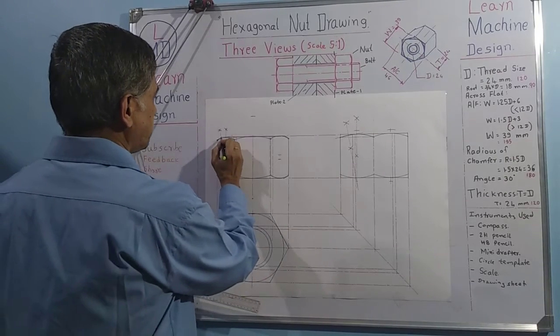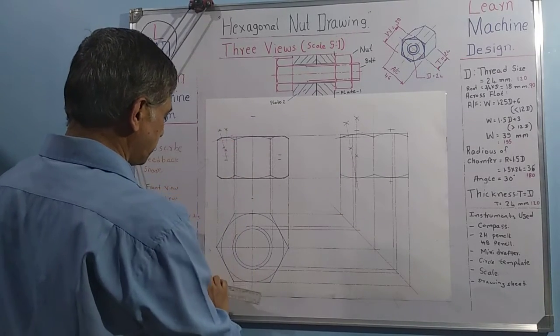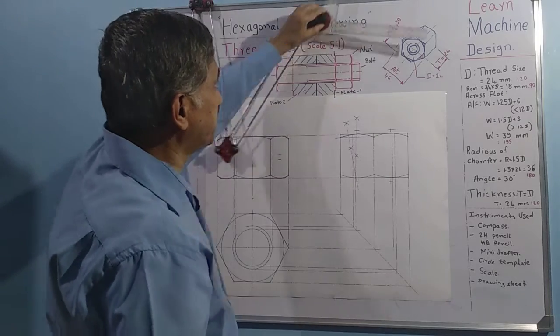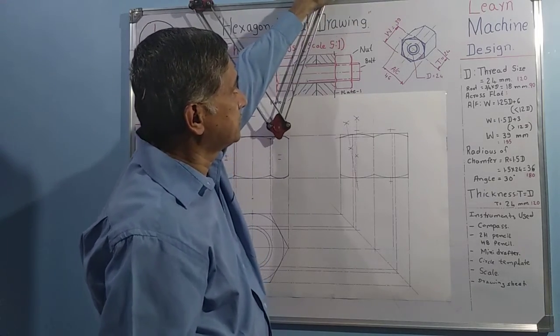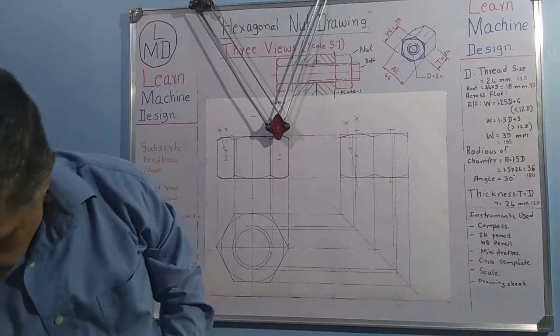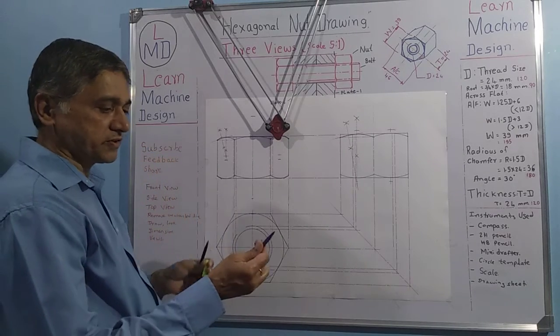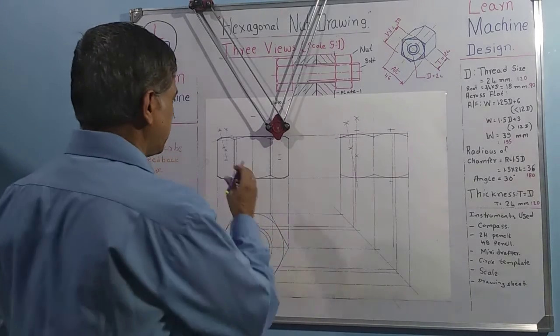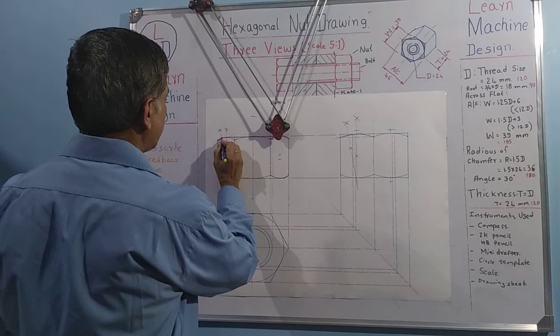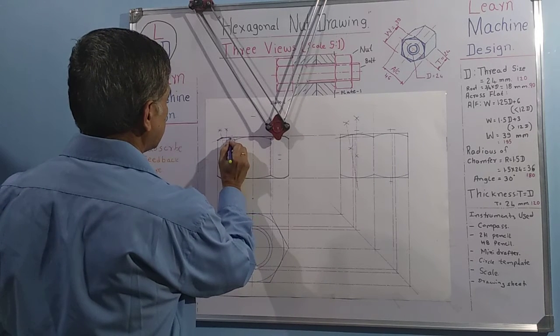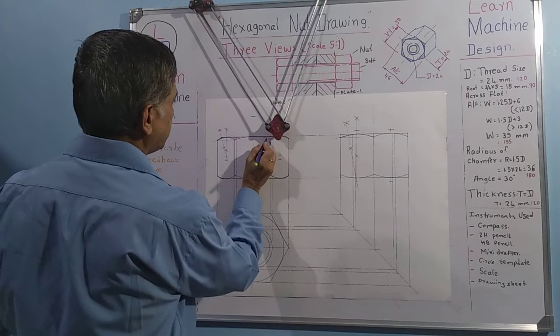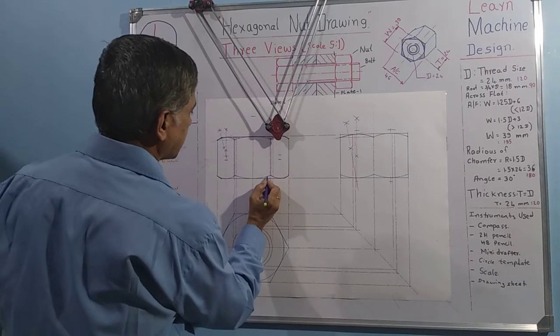For that afterwards we can give some aesthetic look to this drawing through some shading work. I will use this sketch pen here. I can like this. We can make it like this, like this.